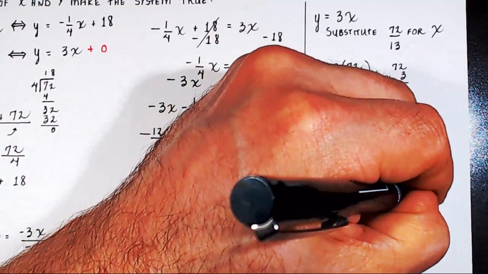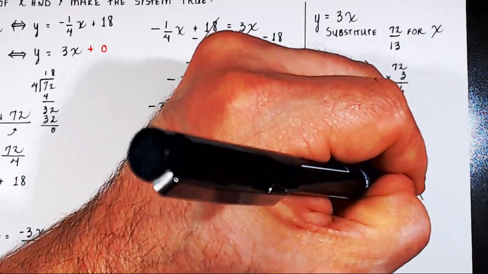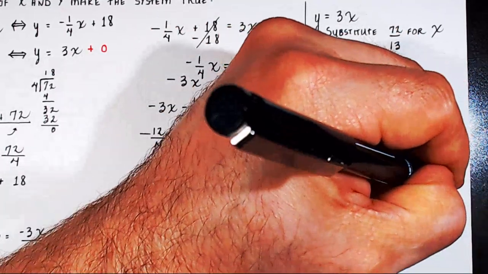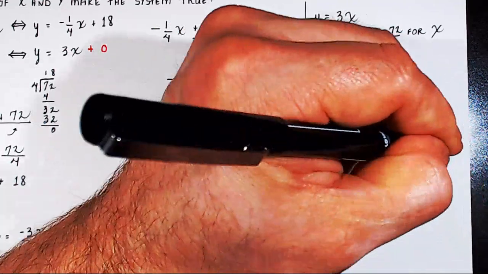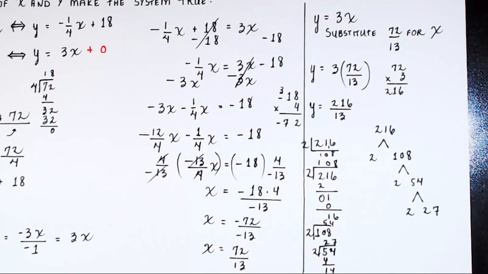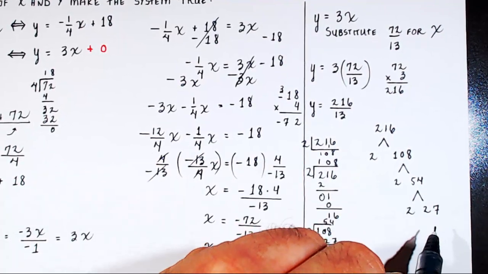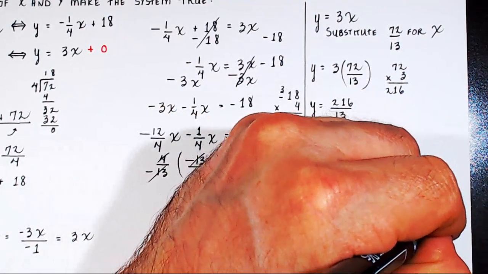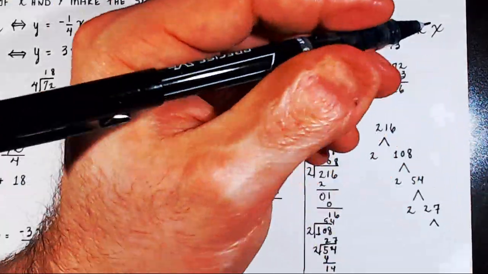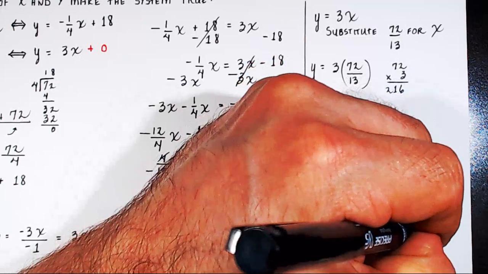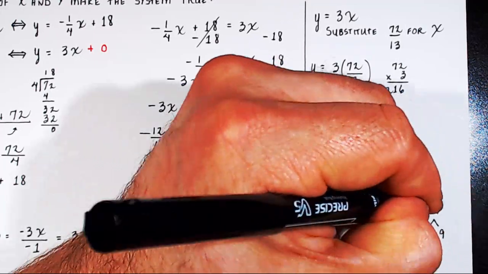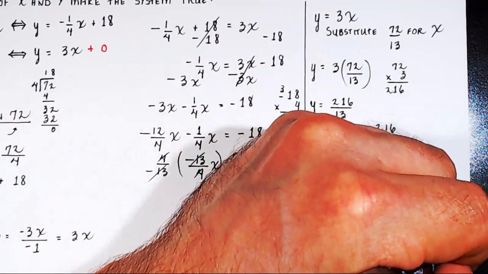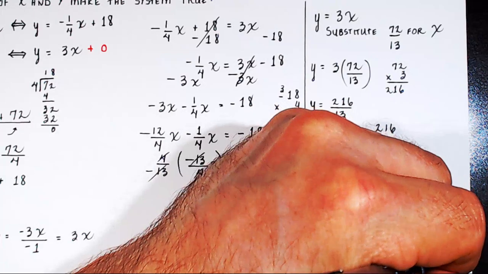So I now have 2 times 27. Now I can't continue dividing 27 by 2 because it won't divide evenly, so I have to divide 27 by 3. 27 divided by 3 is 3 times 9, and then 9 can be factored into 3's.